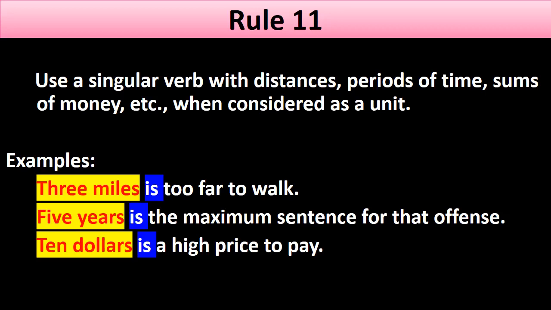We are talking about a single unit. 5 years is the maximum sentence for that offense. $10 is a high price to pay. So, please remember this when we are talking about distances, periods of time, sums of money, and when they are considered as a unit, so we have to provide a singular verb.